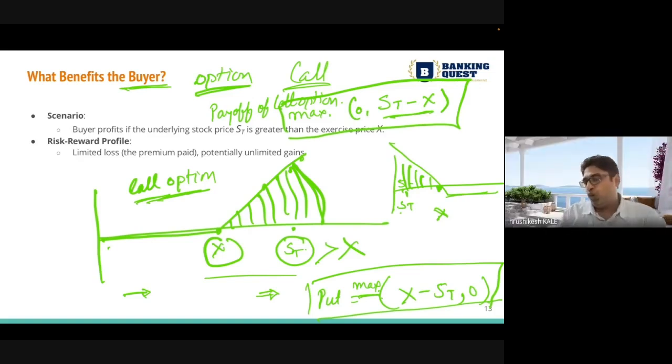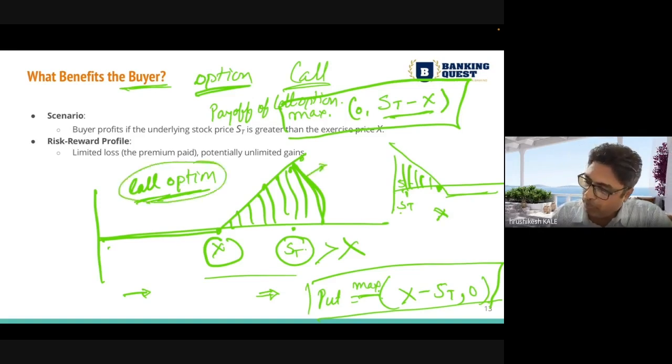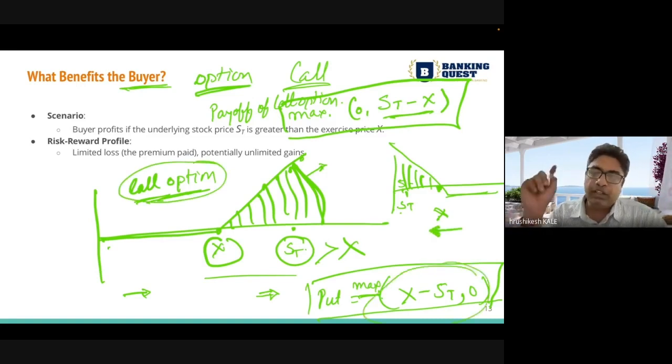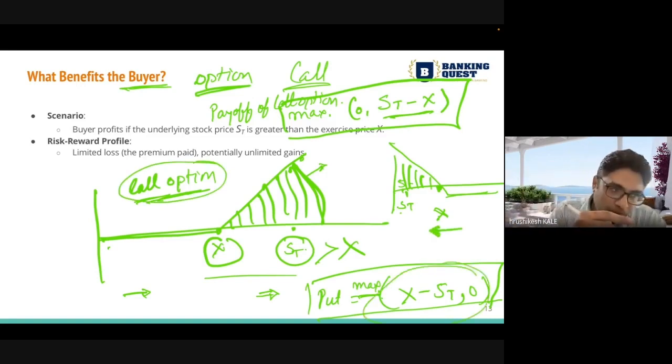No. If you feel that the market will go up, you purchase a call option. If you feel that the market is going down, you purchase a put option. So basically, if the market goes down, then in a put option you can make money. If the market goes up, then in a call option you can make money.